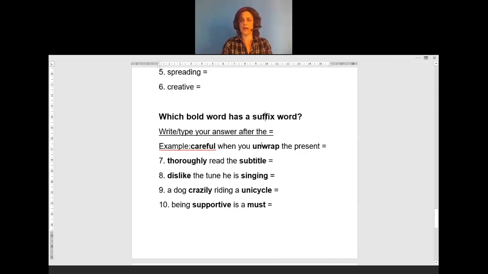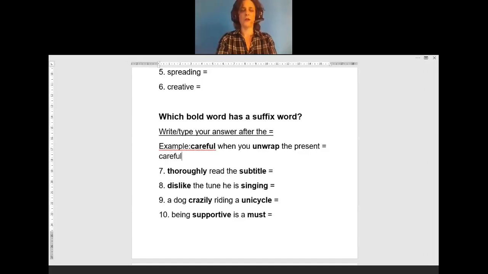It has un at the start, but we're looking for suffixes. So if we look here, careful, ful is at the end. So we have our base word, care, and then we have ful at the end. So careful is the correct word for the suffix. So remember, you are looking at the one that has the suffix at the end.